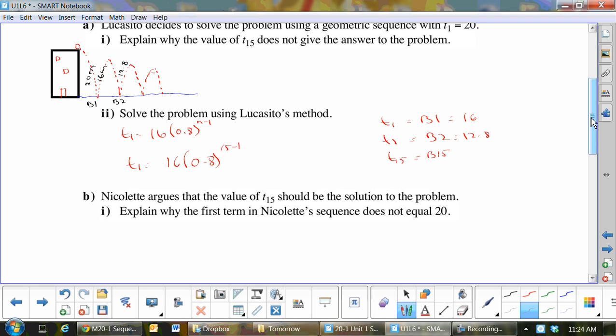Sorry, this should be Tn here too. You guys writing this down? So what is T15? Just put that in and you get 0.36. Now, that's in meters.